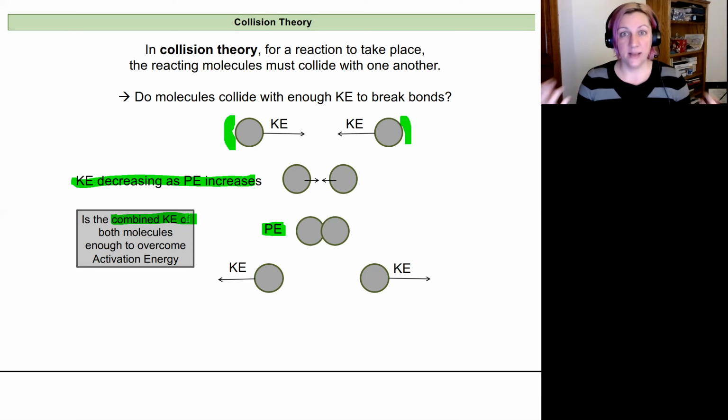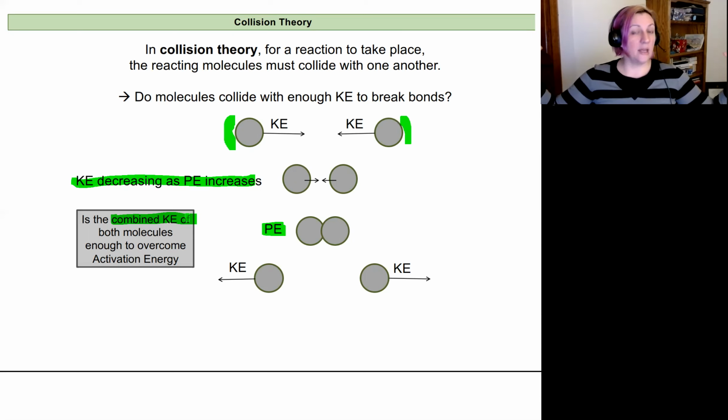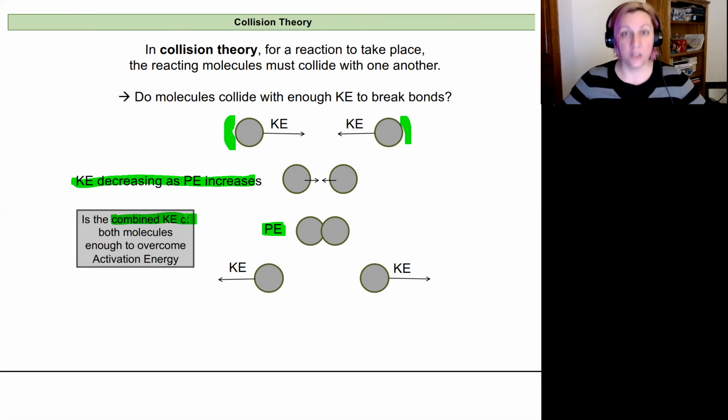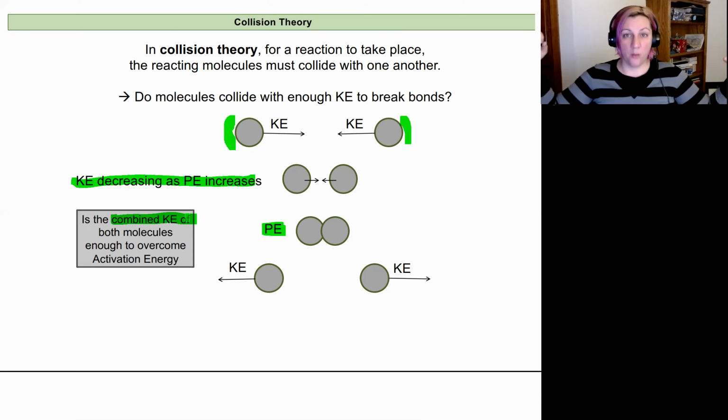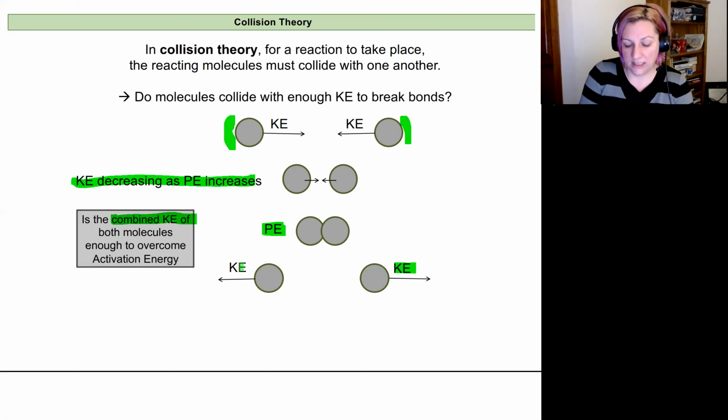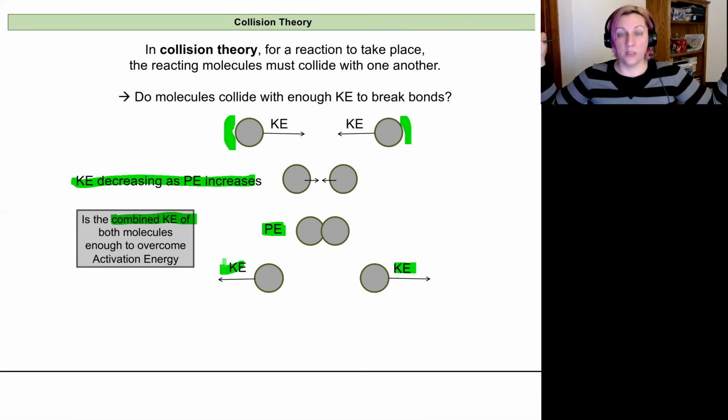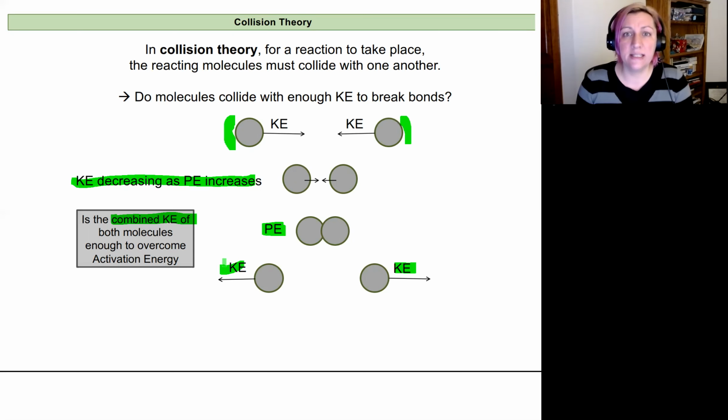And if it's not, then they just bounce off each other and nothing happens other than the collision. And then the two particles, either transformed into products or still reactants, go apart and leave again with kinetic energy, bouncing off of one another. And so this is collision theory.